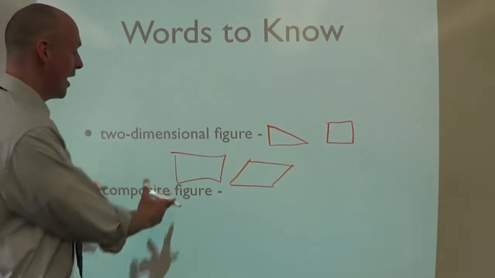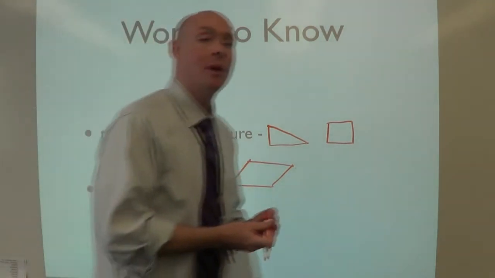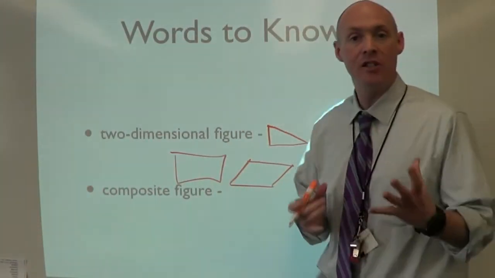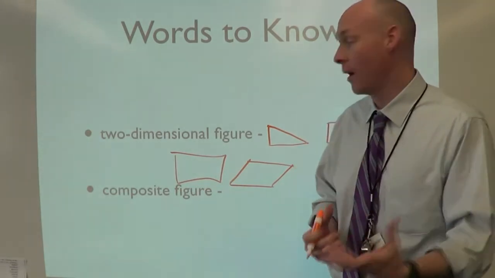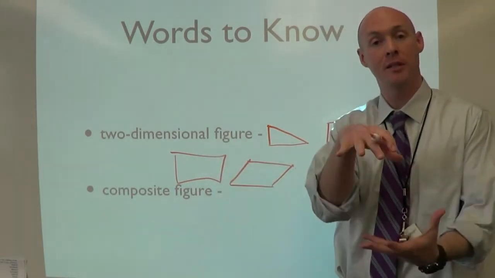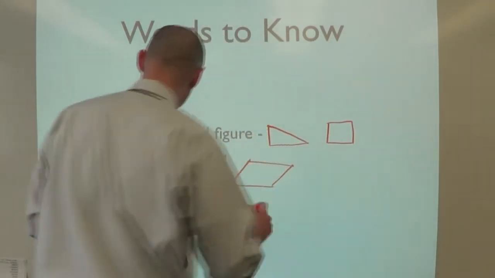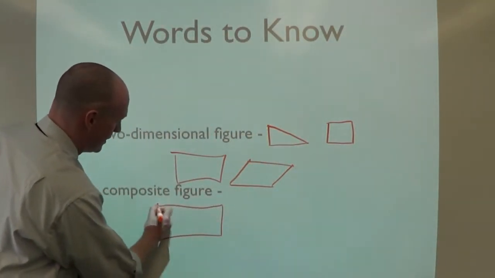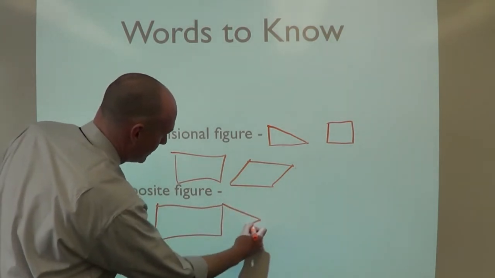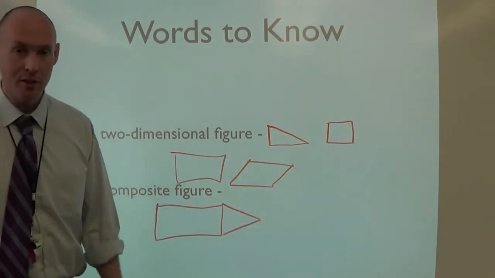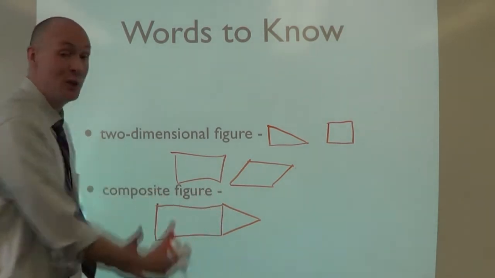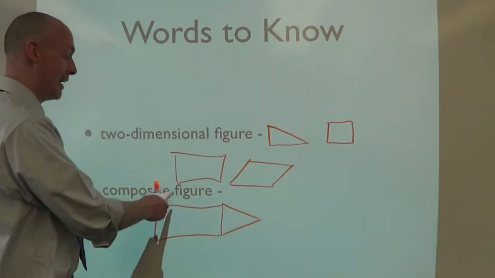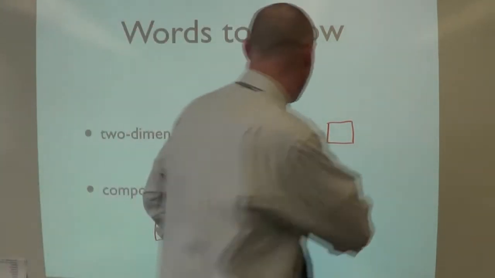But we're going to focus on composite figures. A composite figure is just two or more two-dimensional figures put together. For example, if I have a rectangle and a triangle, I'm sorry, that's two two-dimensional figures, which make it a composite figure.